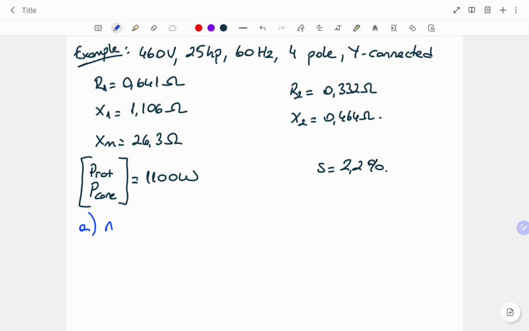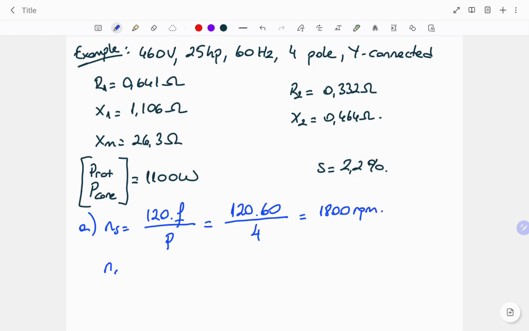We can start with Ns calculation with 120 F over P. So 120 times the given frequency of 60 divided by the number of poles, which is 4, will give us 1800 RPM.